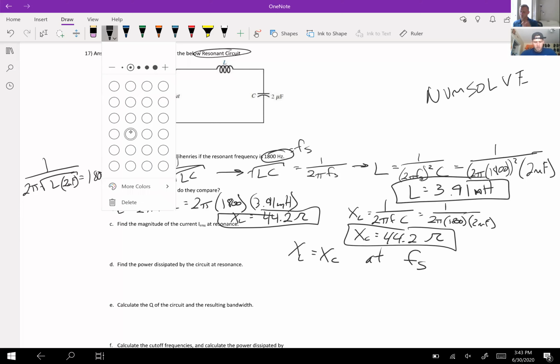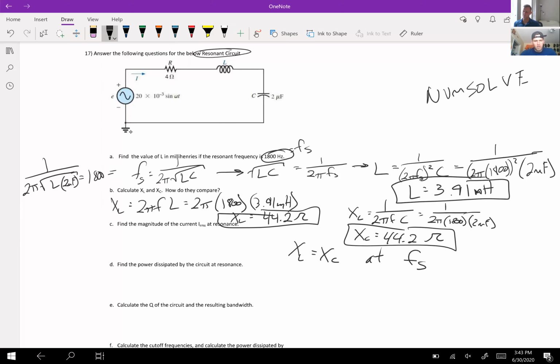So now it says find the magnitude at the resonance. So I'm going to use V equals IZ, I equals V over Z. The voltage on this one is 20. That's a time domain equation up here. So I'm going to multiply it by 0.707, because that's the RMS value.